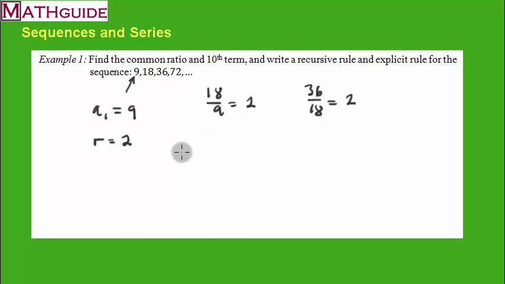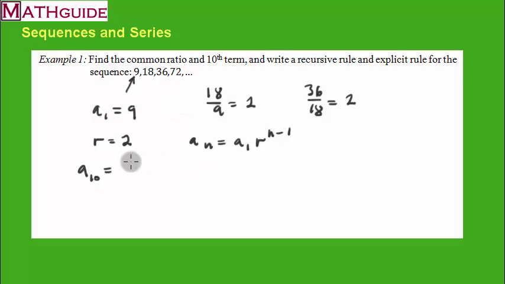So the formula to determine this, in other words, I'm using the explicit rule, is this one. You take the first term times r to the n minus 1. We know we want the 10th term.